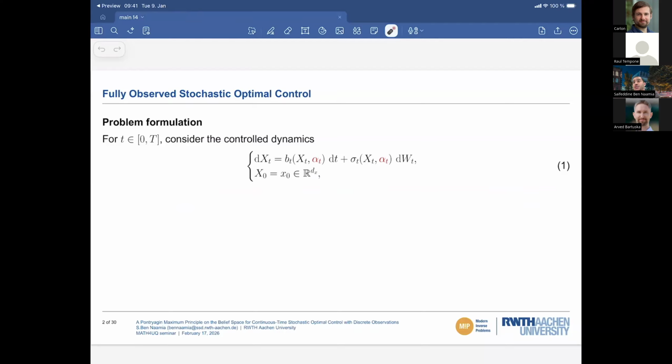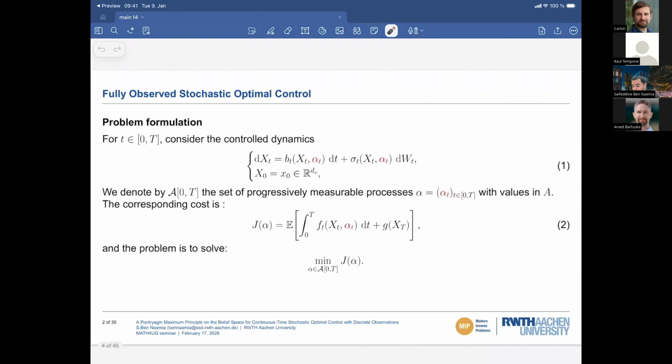And what you want to do is control this dynamic. Now, the question is how to control this dynamic and for what purpose. So you would like to introduce this control process, called alpha_t, that will be able to control your dynamics here, as you see in red.